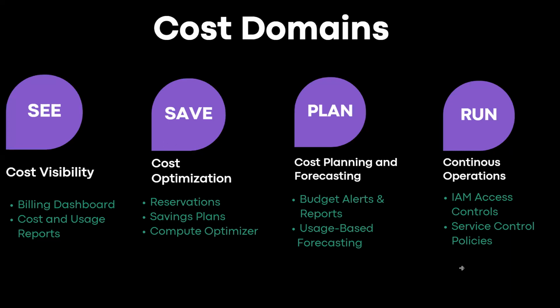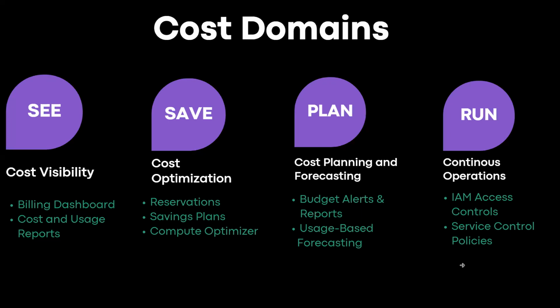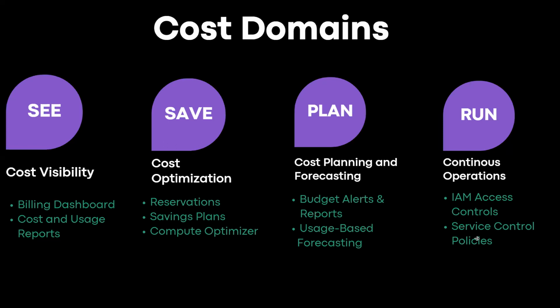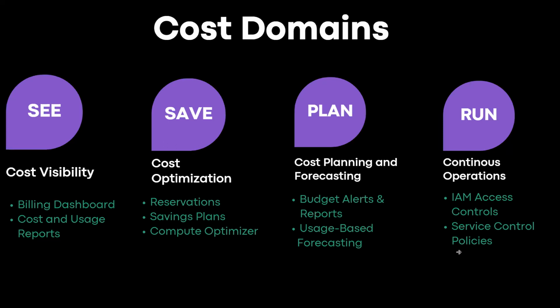So how do you allow everything that is necessary within your account, but at the same time make sure that all these activities by all the different teams or users are not negatively impacting your costs at the end of the month? That is what continuous operations deals with.